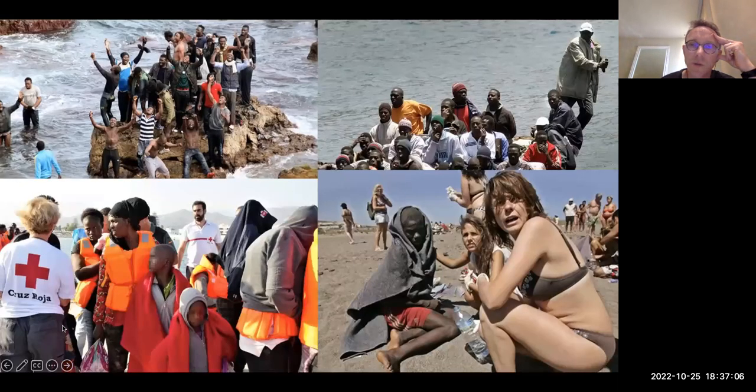telling you also some of the issues that have forced countries to enact the external borders in a different way. One of the incidents was in 2006, in the Canary Islands, where there were a lot of boat people on the shores of Spain.